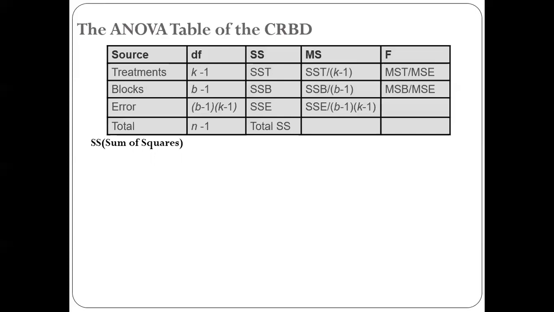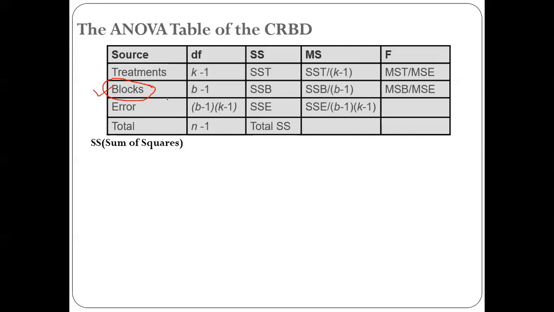In one-way ANOVA with the CRD design, the table only refers to treatment and error. But now in two-way ANOVA with the CRBD design, we also refer to the blocks. So another row must be added into the table, that is the block row.